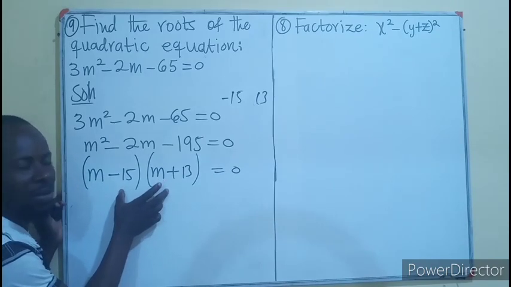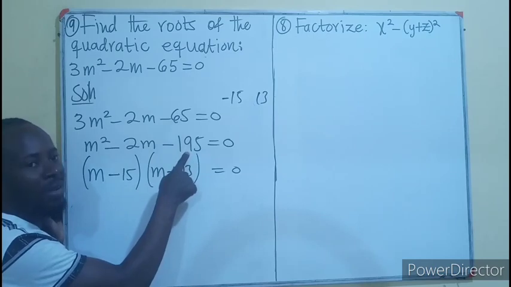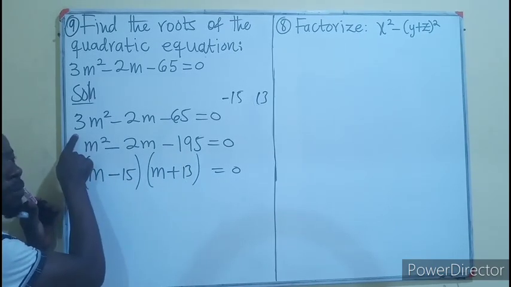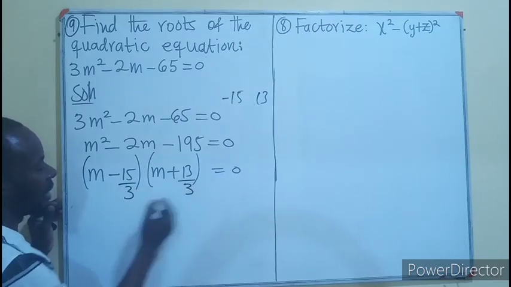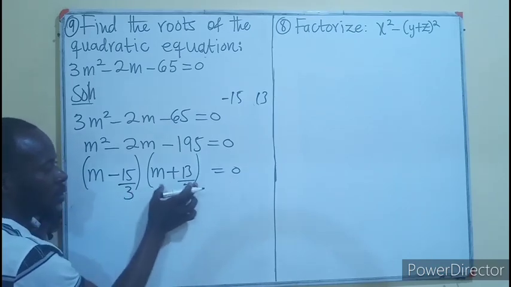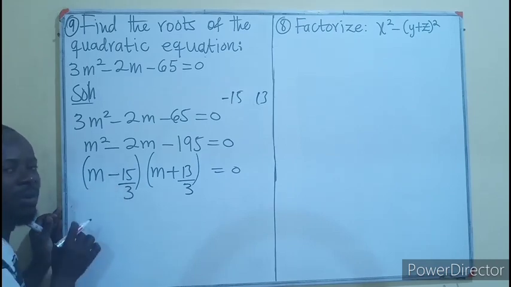Now that we have this, don't forget we transferred the 3 to multiply this. So we need to divide our numbers back with the 3. So it means this divided by 3, this divided by 3. So I'll be having this bracket equals 0 or this bracket equals 0. Don't forget 3 is a factor of 15.